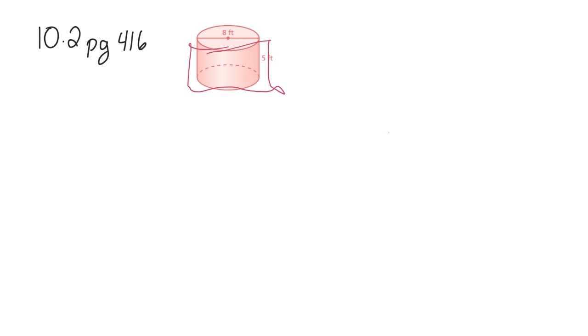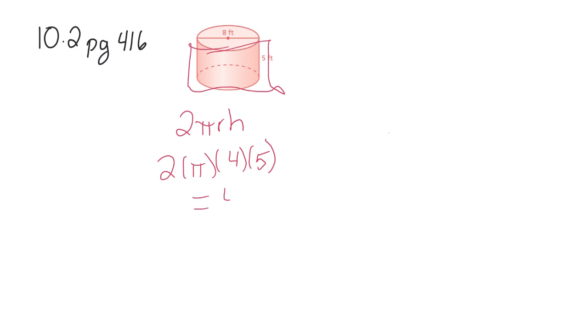So circumference of the circle, that's 2 pi r times, and then we multiply that by our height. So plug the numbers in. We have 2 times pi times our radius, which is, our diameter is 8, so our radius is 4, times our height, which is 5, right?